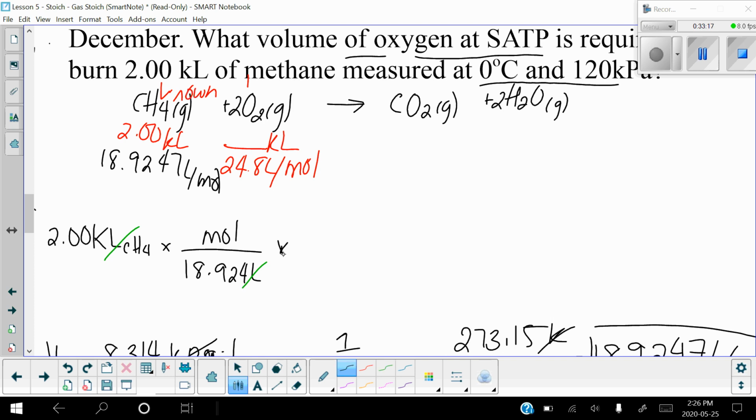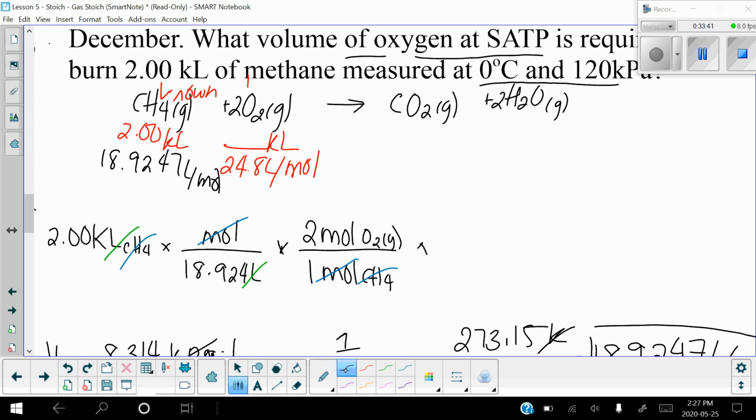So I'm going to divide by 1 mole of methane and multiply by 2 moles of oxygen gas. See what cancels out. Mole cancels out with moles, methane cancels out with methane, and I currently have kilomoles of oxygen.